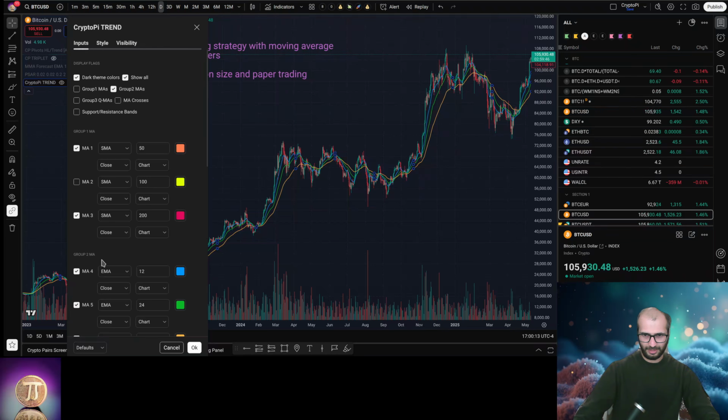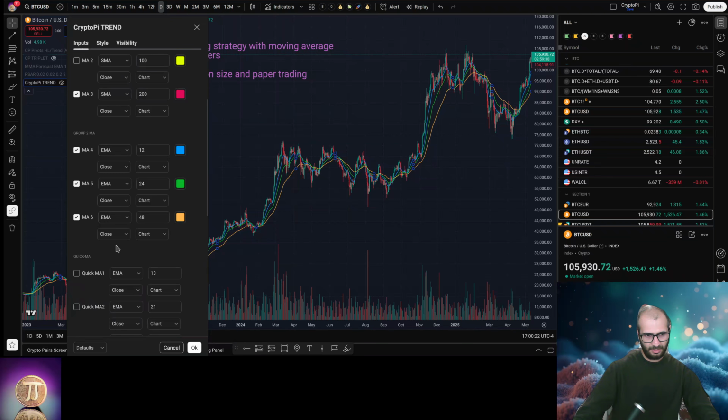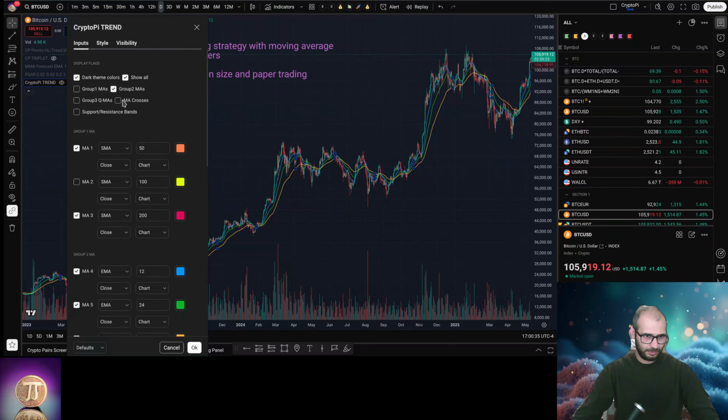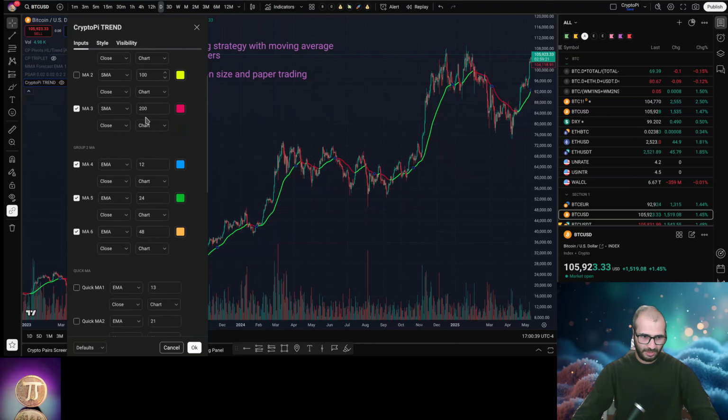SMAs, whereas on the other hand, move far away from the price action because the computation is quite different. One can easily look up with a simple search the difference between a simple moving average and an exponential moving average. Now going to the third group, which is QMAs, quick MAs.